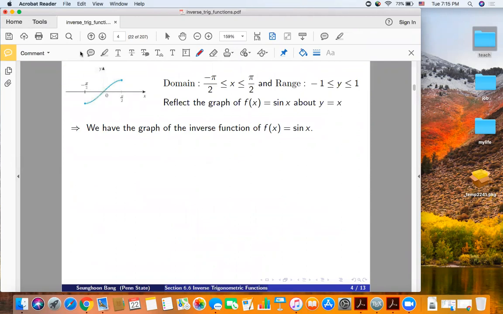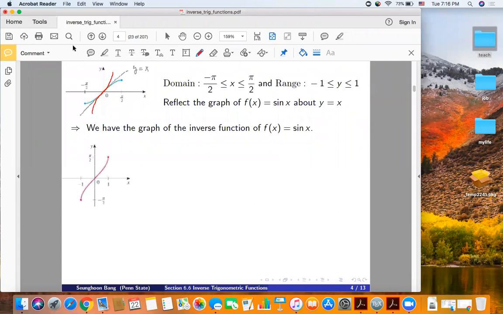How can you draw inverse sine of x? We use this idea. You draw y equals x, and you have to reflect the graph of f of x about the gray one, y equals x. So this one is the inverse function.